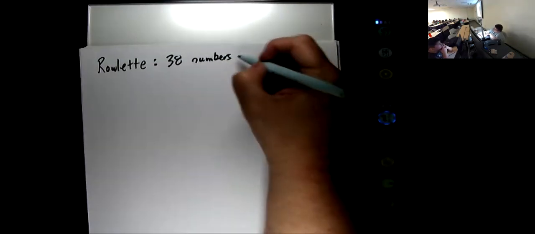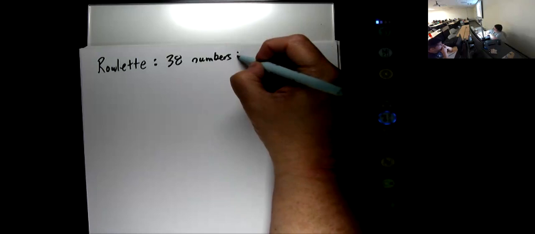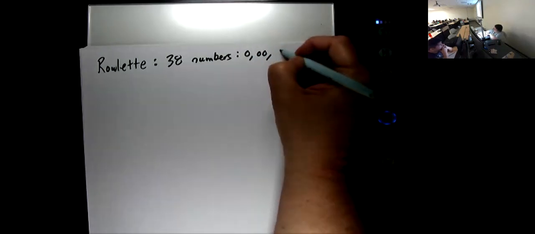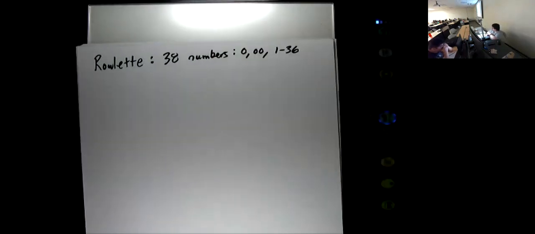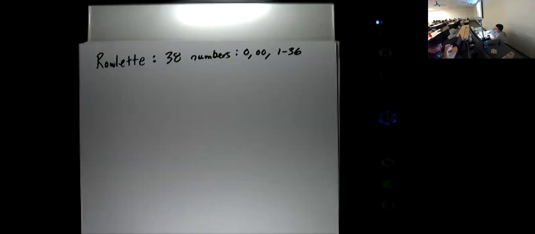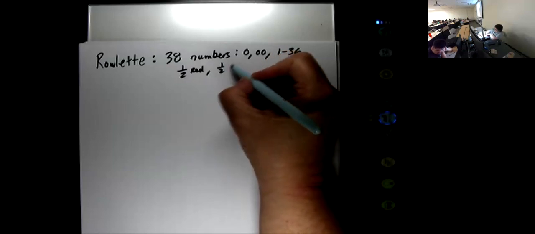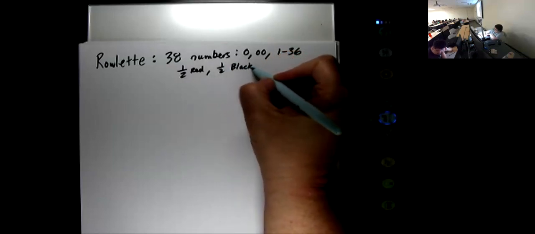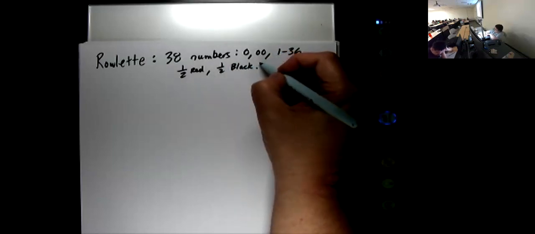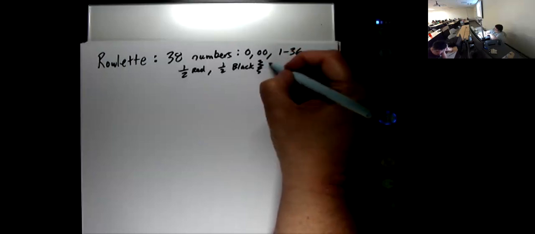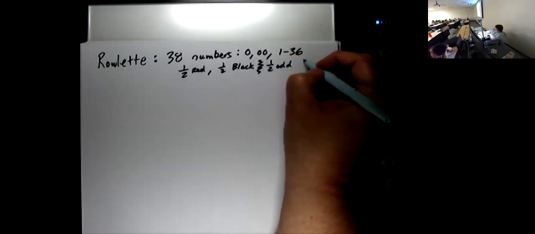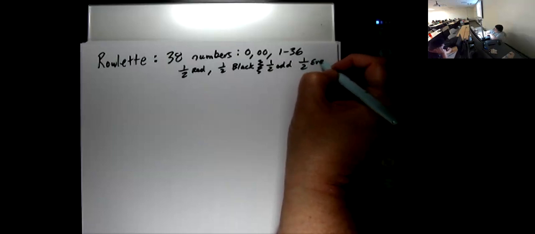I just showed this all to you pictorially. We have 0, double 0, and then 1 to 36. Half are red, half are black. Half are odd, half are even, excluding the zeros.